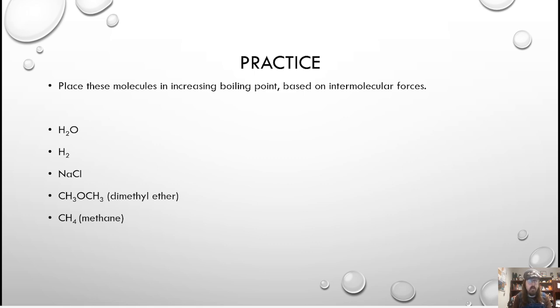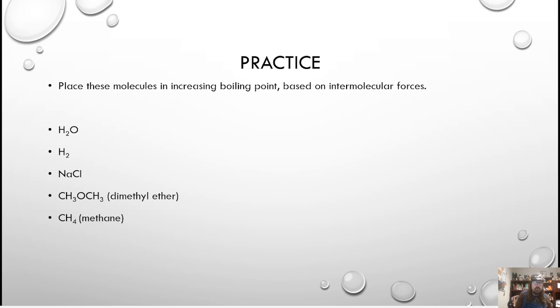The next highest force is water, which could hydrogen bond to itself. You already know the boiling point of water is 100 degrees. So that should be pretty straightforward. The next one is we have two hydrocarbons, and we have one hydrocarbon that includes an oxygen.